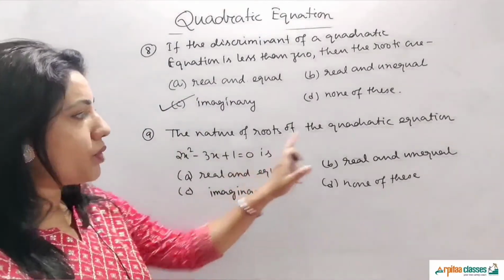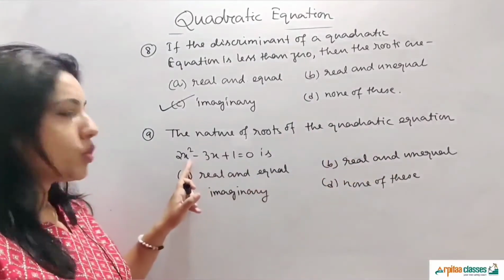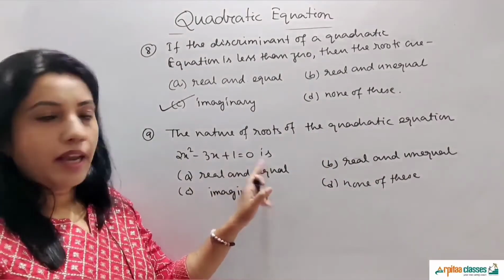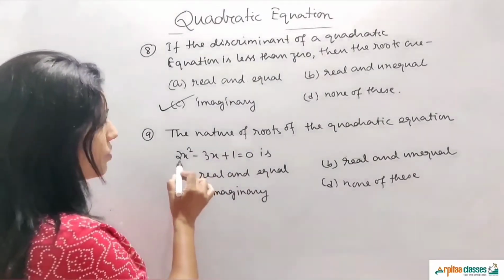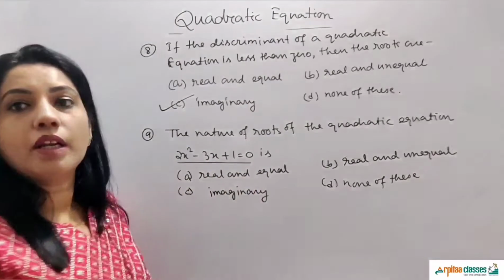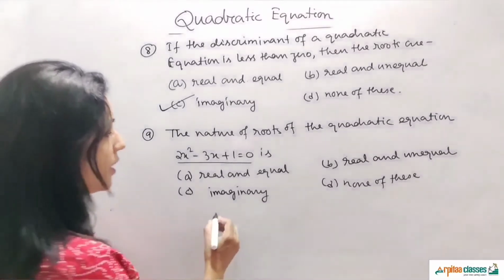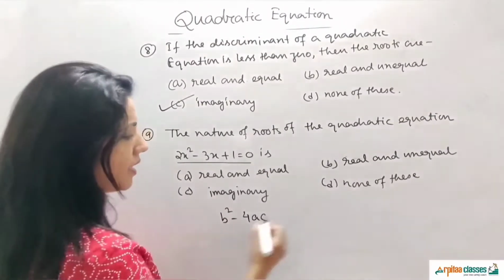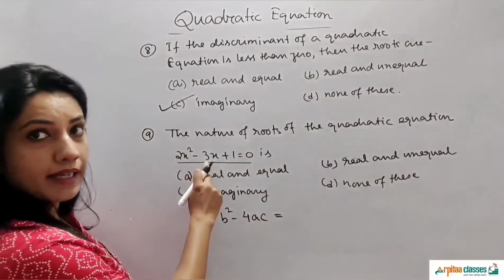Come to the next question. The nature of the roots of the quadratic equation 2x square minus 3x plus 1 is. To find out the nature of the zeros of the quadratic equation, we need to see what the discriminant is. So let us find out the value of b square minus 4ac. b here is minus 3.